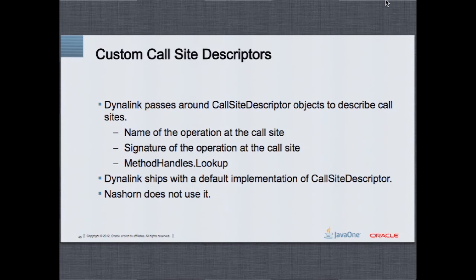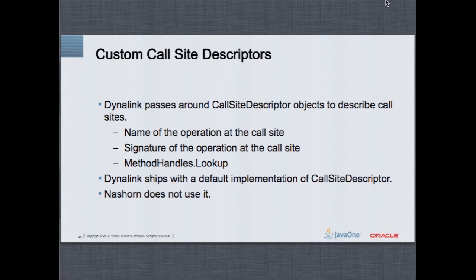What they see is a CallSite descriptor object, which is an immutable object that contains the name of the invocation at the CallSite, so dyn:getProp:color, the signature of the CallSite, and the MethodHandle's lookup object that was used at that point, which usually is the public one for dynamic languages, but it can be a specific one if you want to deal with access to protected members from a subclass.